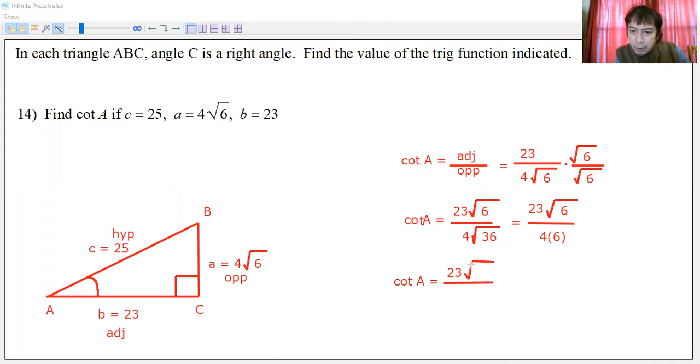In here you have the 6, the radicand, and at the denominator you have the 24. And there's nothing you can cancel out there. So it must be the final answer there. And so that's it.